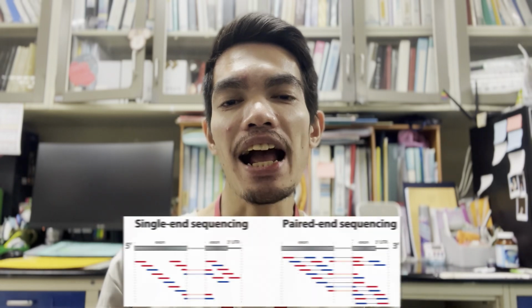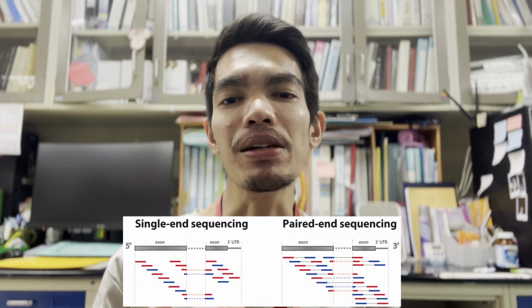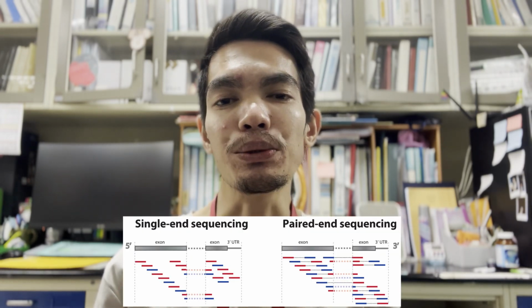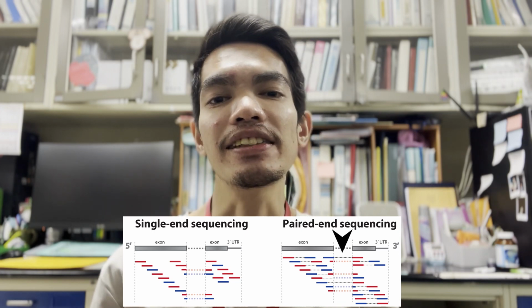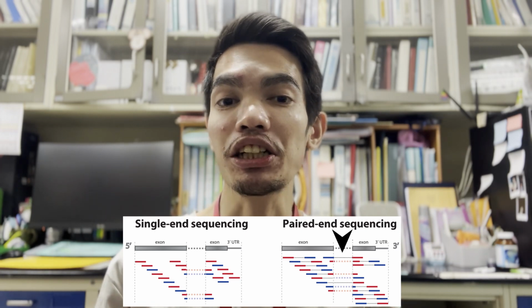The answer to that is twofold. One being that single-end sequencing is cheaper than paired-end sequencing. Although paired-end sequencing has a higher chance to find reads that span splice junctions.